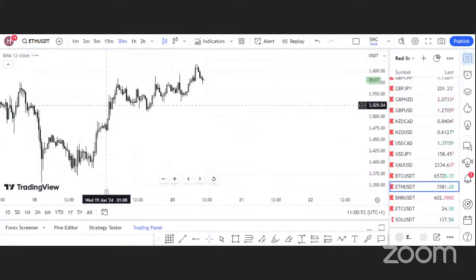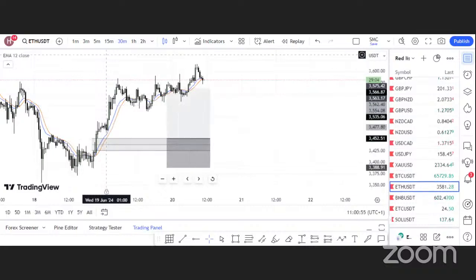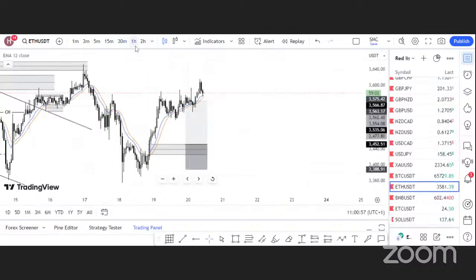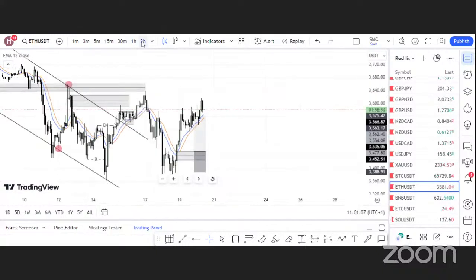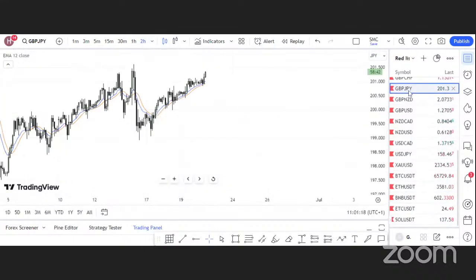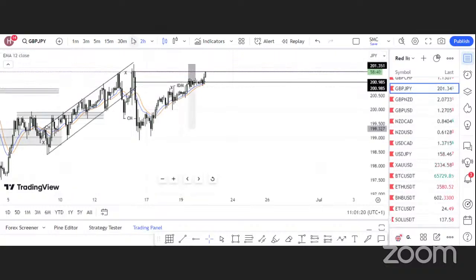So let's analyze the last but not the least market for today. Let's analyze a forex instrument instead.